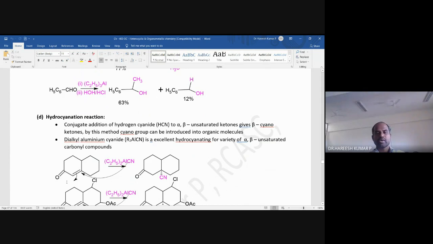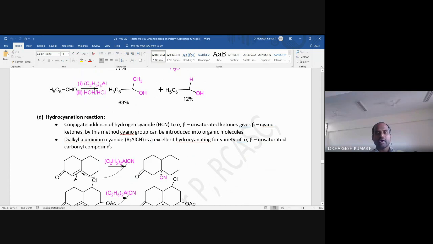So this is one other alternative: dimethyl aluminum cyanide is the reagent. Here, what is happening? A cyano group, meaning CN group, can be introduced to the beta carbon; this is the alpha carbon, this is the beta carbon, and this reaction is called the hydrocyanation reaction.